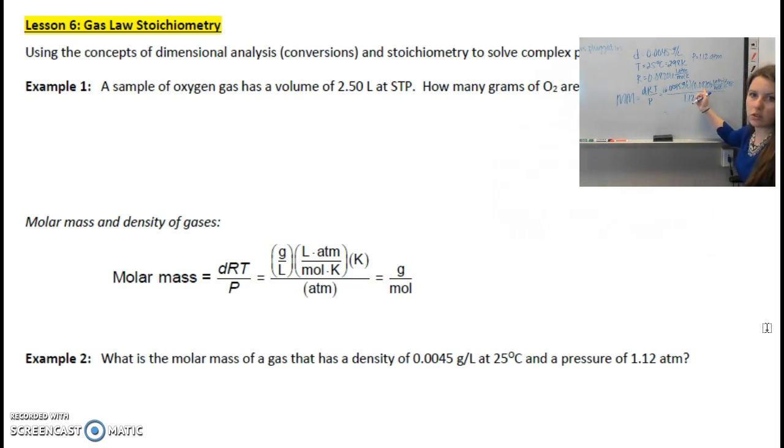Then we've got the 0.08206, which is that constant. At the end here we have 298 Kelvin, divided by the 1.12 atmospheres. So if you go ahead and plug that into your calculator, multiply across the top, divide by what's on the bottom, you should get as your molar mass 0.0983 grams per mole.